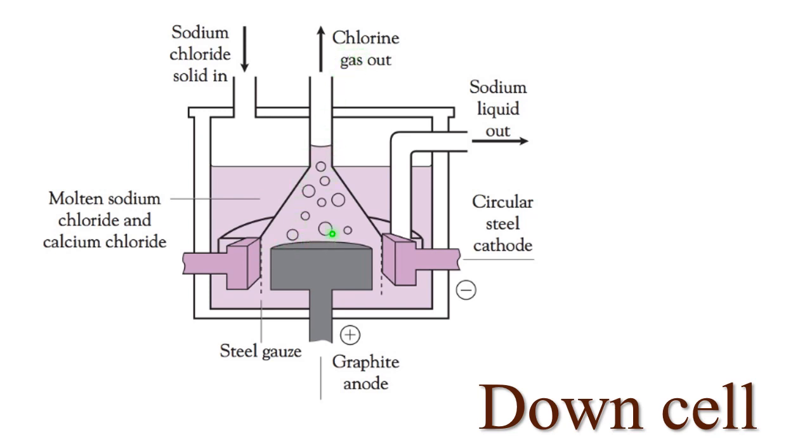So chlorine gas is bubbling out of molten sodium chloride. In industry, they add some calcium chloride to this mixture, so the temperature of the melt will go down, because keeping the temperature at the melting point of sodium chloride is very expensive.